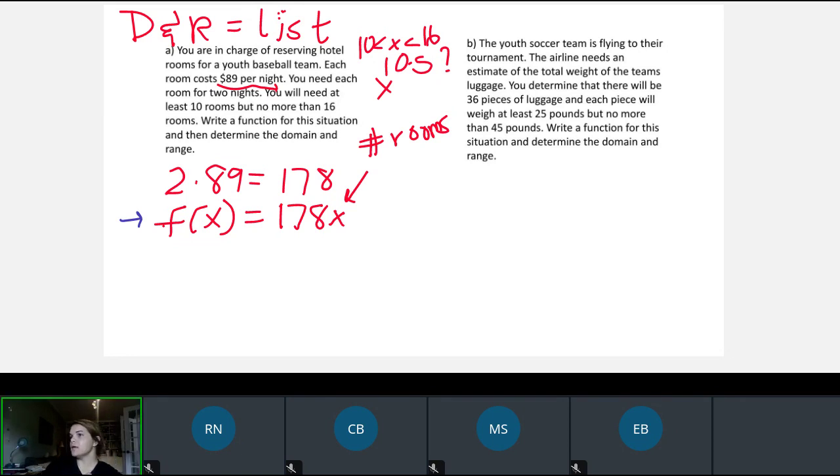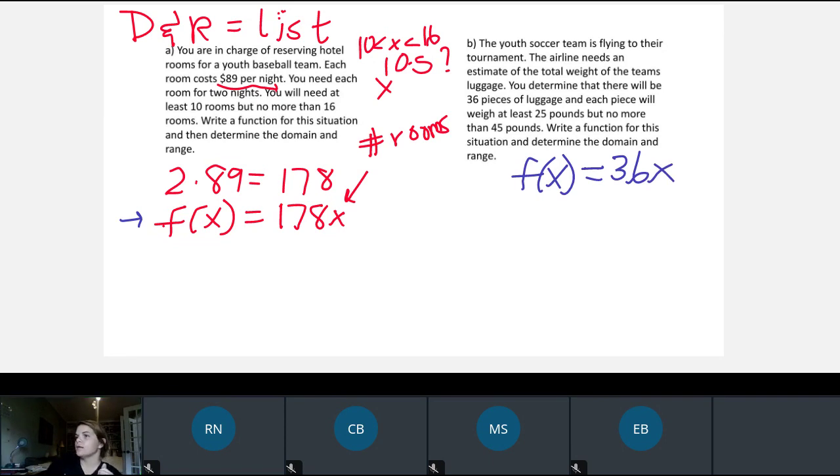For part B, a youth soccer team is flying to their tournament. The airline needs an estimate of the total weight of the team's luggage. You determine there will be 36 pieces of luggage. Okay. So f of x, that's going to equal my weight. The weight is 36 pieces times however many pounds.